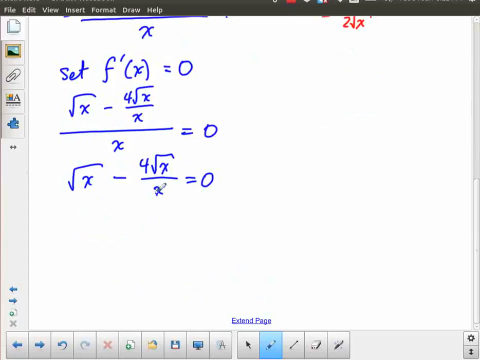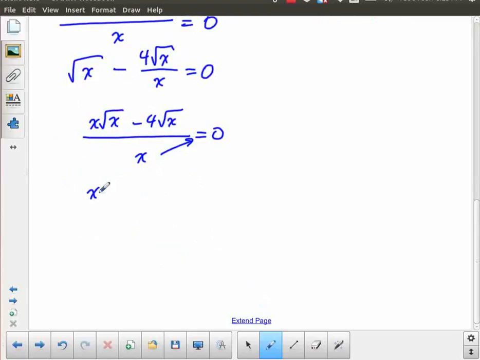I could do the same thing again, or I could put this in terms of a common denominator. I think I'm more comfortable doing this in common denominator form, but it would work either way. So I'm going to put this whole thing over this denominator x, and so I have to multiply by x, so I end up with x root x minus 4 root x equal to 0.